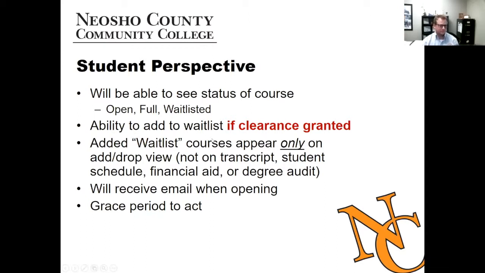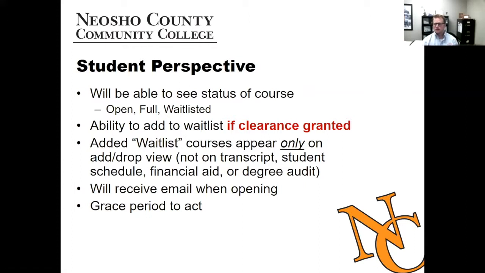So the student then would have the ability to add to the waitlist for any full or waitlisted course if their clearance has been granted or if they're a non-degree student at that point in time. And they're added to the waitlist. That course then only appears on their add drop view.